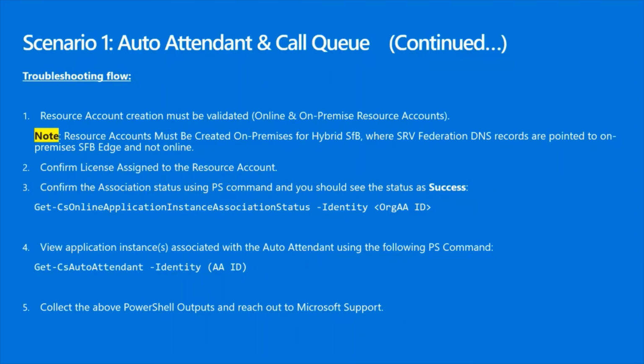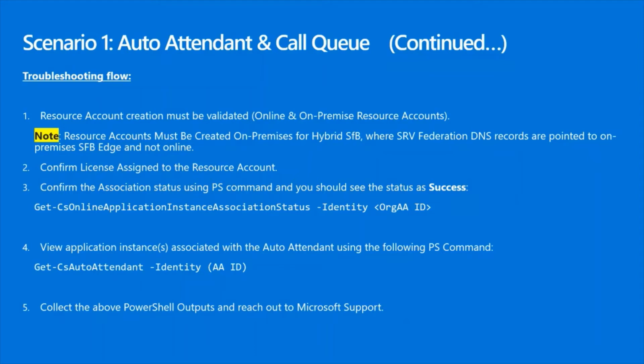Now, once the account is created, make sure that the account is valid. So you can validate the resource account. If you are in a hybrid scenario, the resource account must be created on premises, or you can say wherever the SRV federation DNS records are pointing. Most of the time in a hybrid scenario, the SRV record is going to be pointing to your edge server.